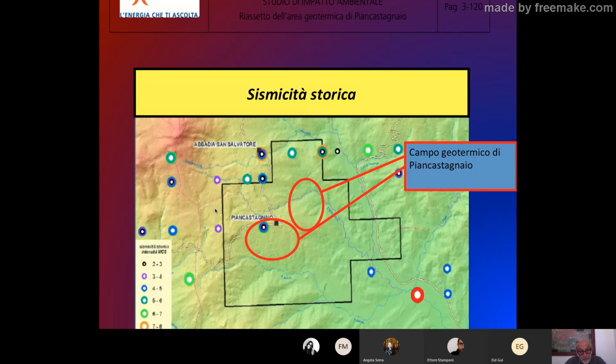So this is our data from the environmental impact assessment produced by Enel for the geothermal field of Piancastagnaio. This is sort of the seismicity before geothermal energy was put in place.